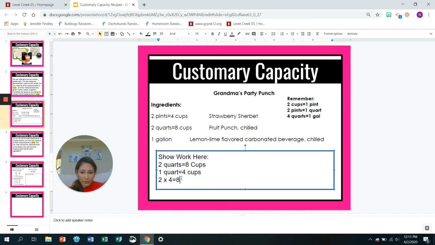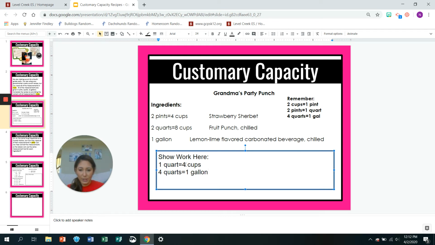I'm going to use some of these numbers we've placed here already. So 1 quart is equal to 4 cups. And we know that 4 quarts is equal to 1 gallon.